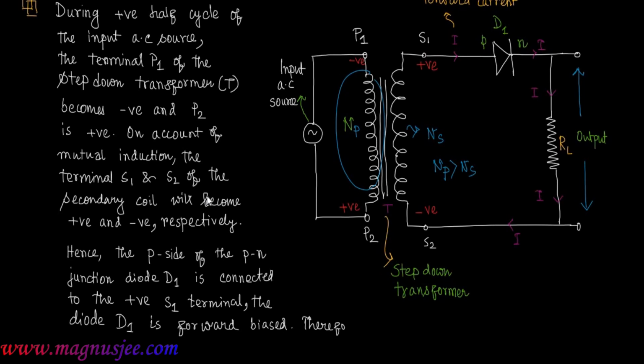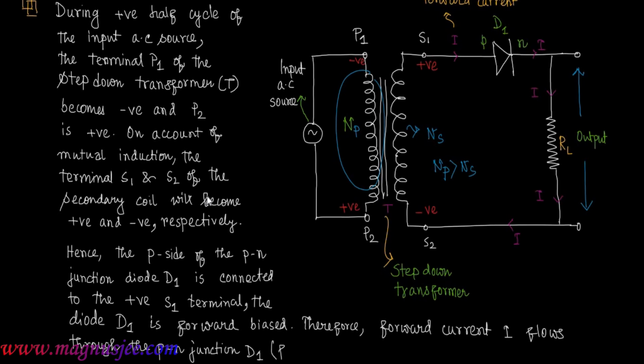Therefore, forward current I flows through the PN junction diode, which is forward biased and offers low resistance against the forward current.